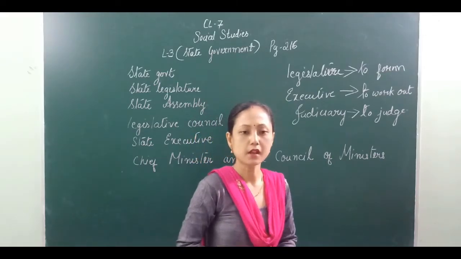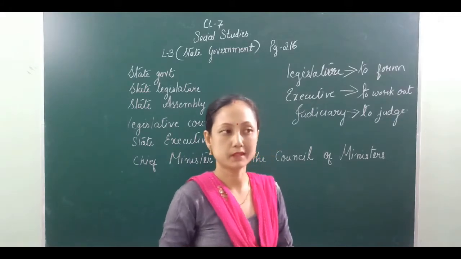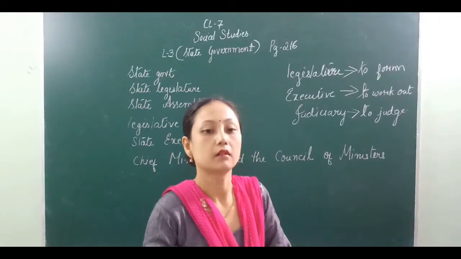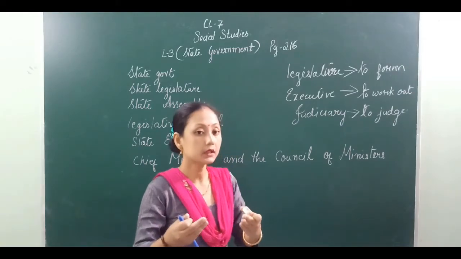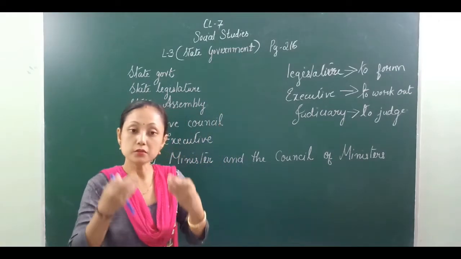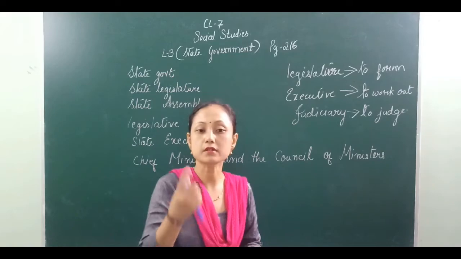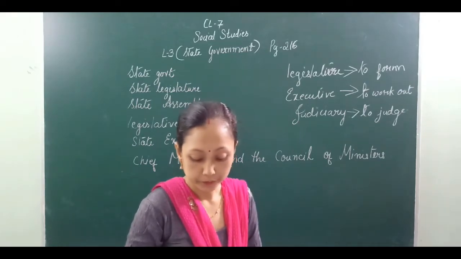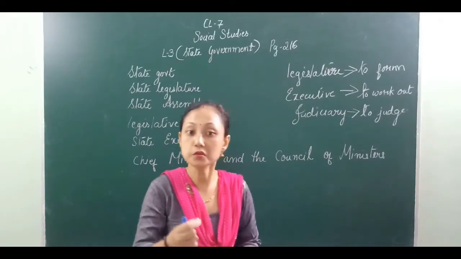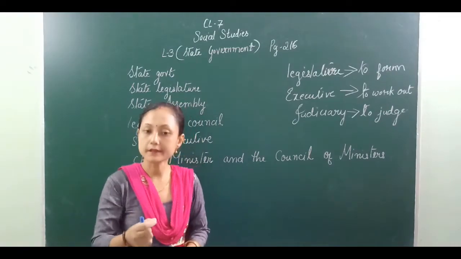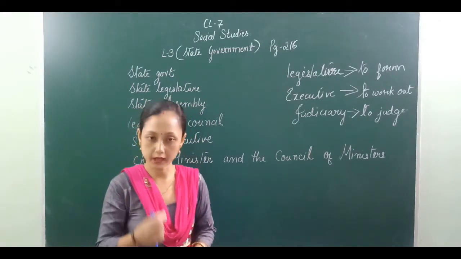Now let's see what are the qualifications, what are the things that should exist in order to become an MLA. First of all, he must be a citizen of India. And he should not be less than 25 years of age.